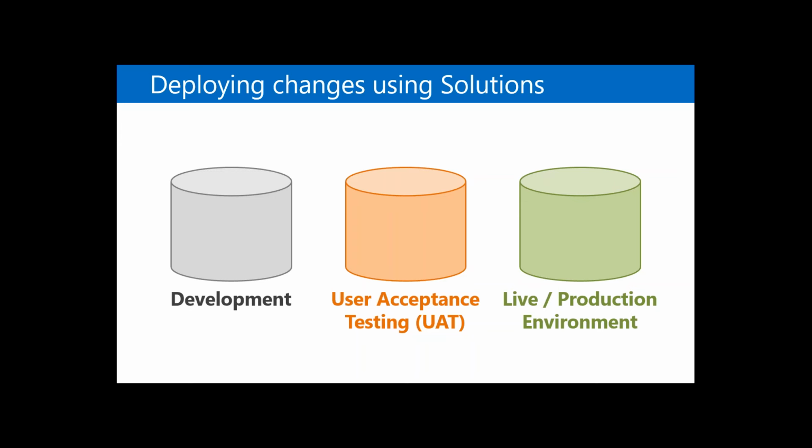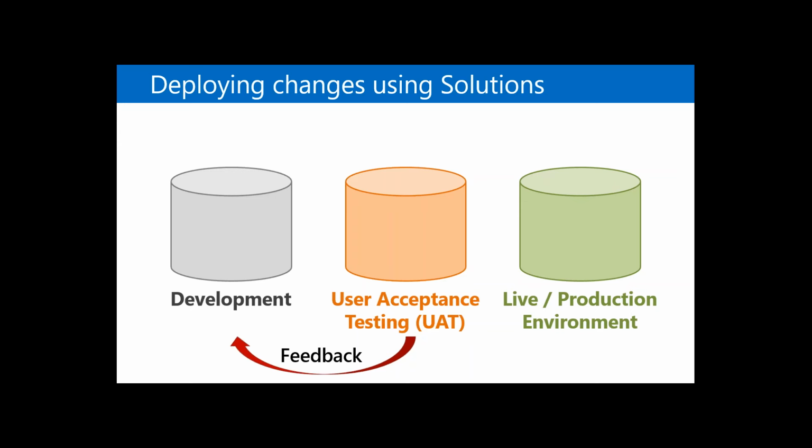So this particular diagram here describes how we deploy changes using solutions within Microsoft Dynamics CRM. So, for example, we might start up a new CRM Online trial to do some development where we want to add some new entities, create some new forms, some new views, and then export a solution of our test or trial environment to put into our UAT system for testing.